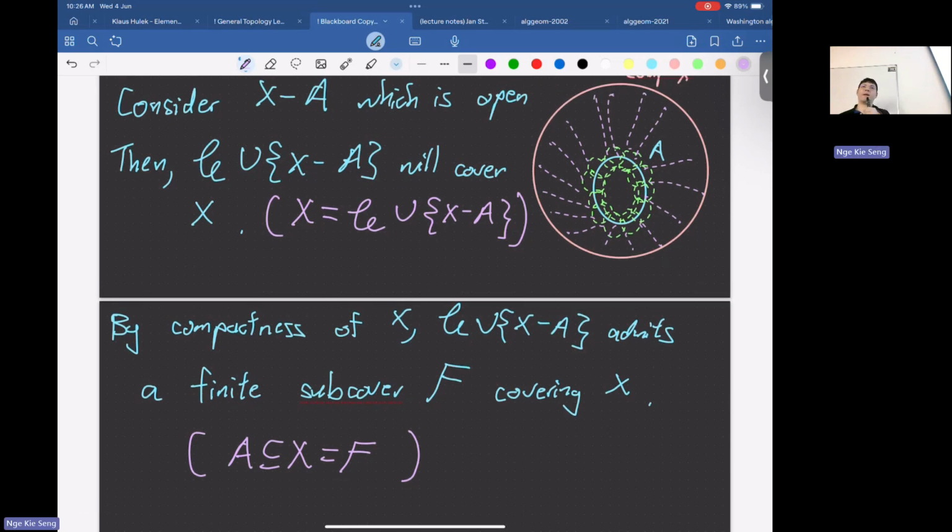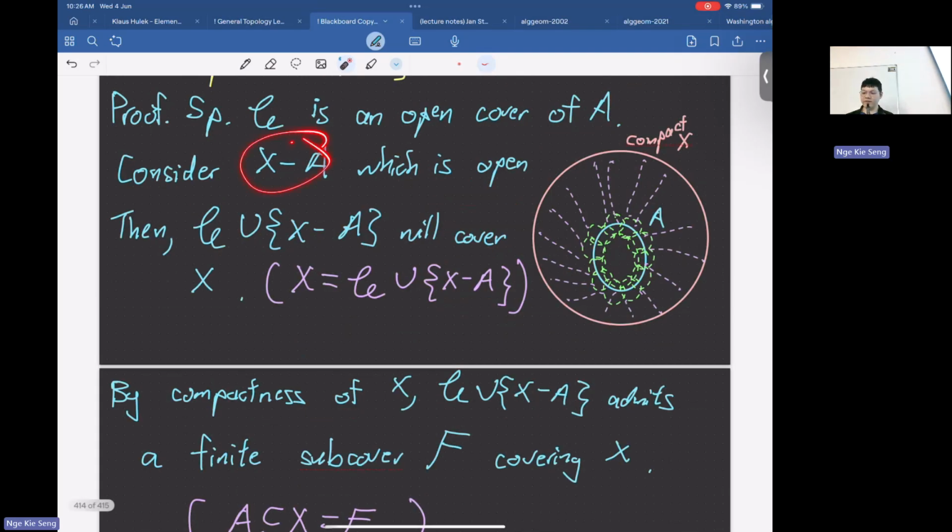Not quite. Why? Because F might contain something extra. Maybe F will pick up this X minus A here, but this X minus A might not live inside C. But do we need the complement of A to cover A?